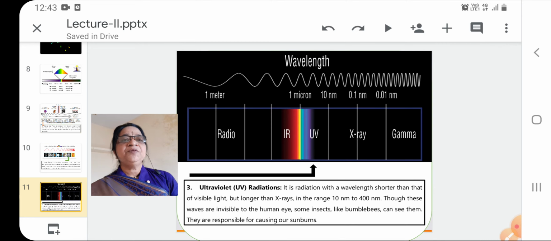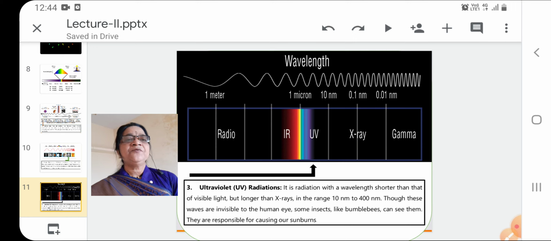Now next we will see the UV radiation. UV radiation is also called ultraviolet radiation. It is radiation with a wavelength shorter than visible light but longer than X-rays.